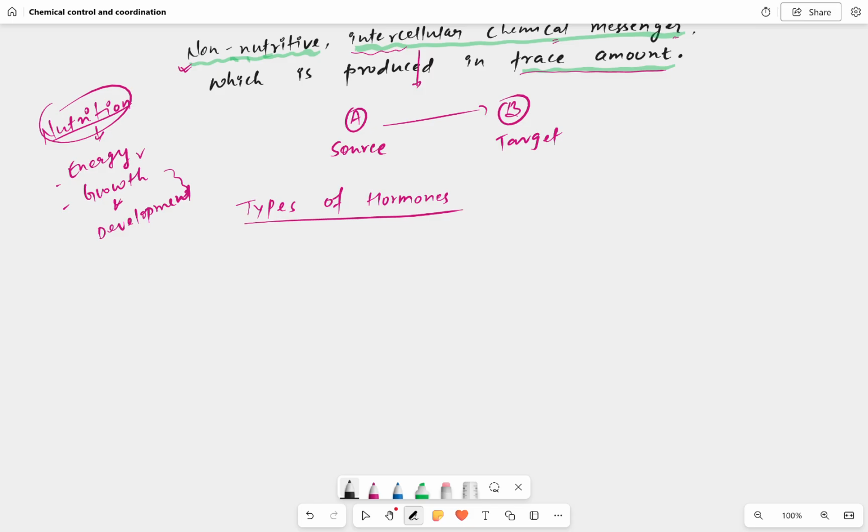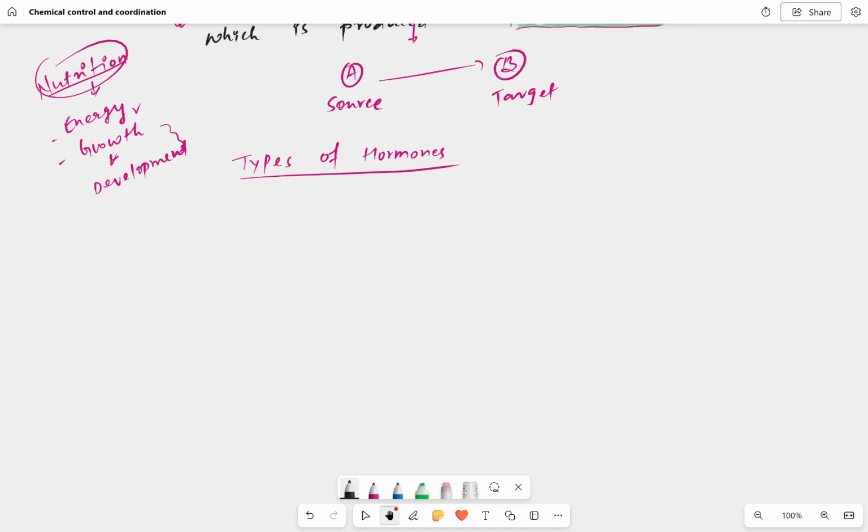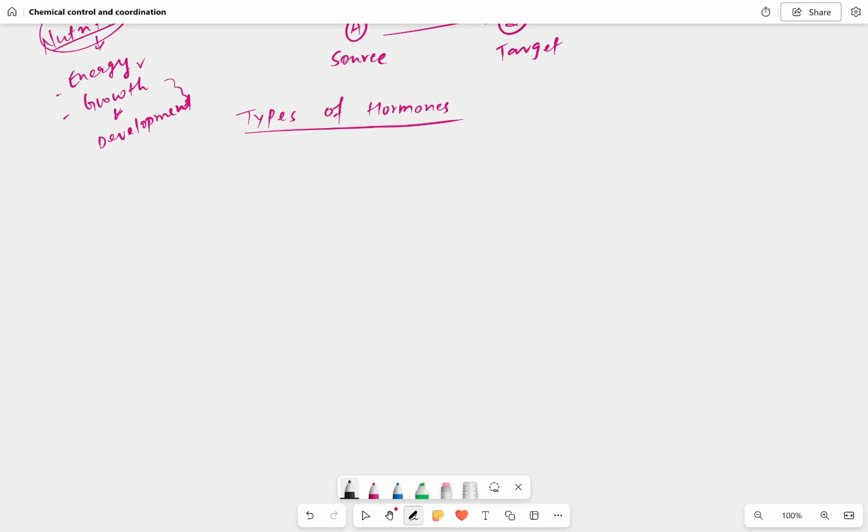The major types of hormone can be amine, lipid, or protein in nature.